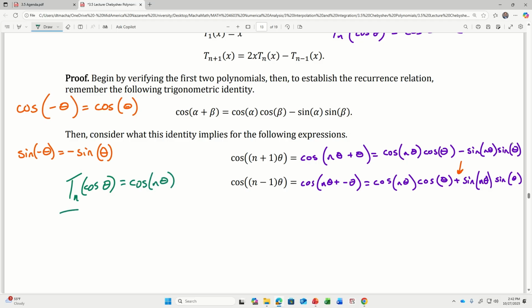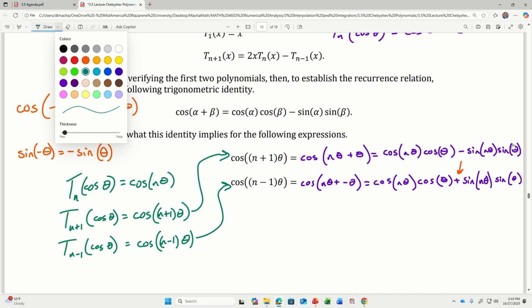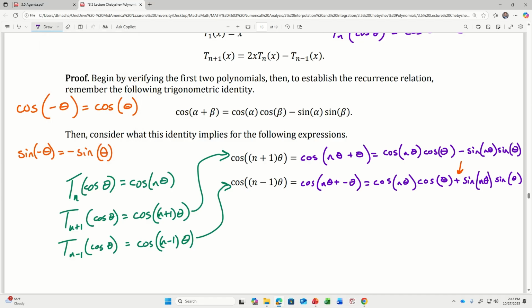And so Tn plus 1 of cosine theta is equal to cosine of n plus 1 times theta, and Tn minus 1 of cosine theta is going to be equal to cosine of n minus 1 times theta. And so what I'm going to do is subtract the two. No, add the two. I'm going to add these.